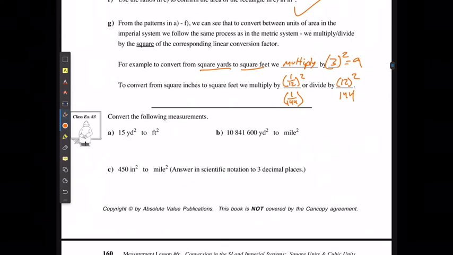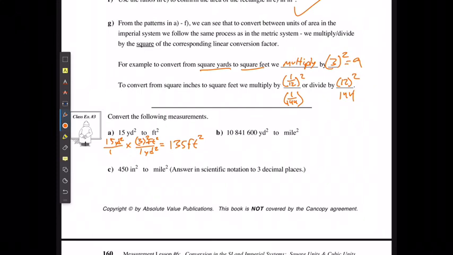So if I'm doing these conversions, if I'm doing 15 yards squared to feet squared, then I would say that I have 15 yards squared over 1, and I'm going to multiply that by 3 squared feet squared over 1 yard squared. In this case, I get 135 feet squared.